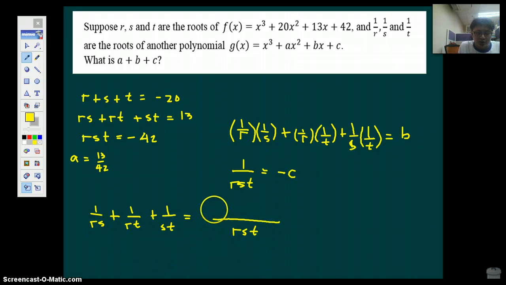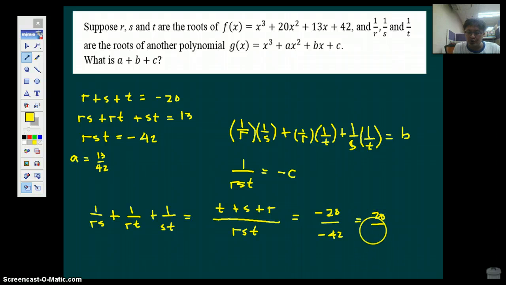Divided by each denominator, you will get t plus s plus r, and you can notice right away that the numerator is again negative 20, the sum of the roots. The denominator is negative 42. So we have 20 over 42, which we can still simplify, but since we're adding a, b, and c later, I'll just leave it as is. If the whole thing is 20 over 42, then so is b. So b equals 20 over 42.